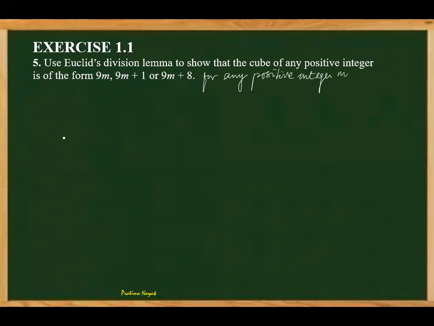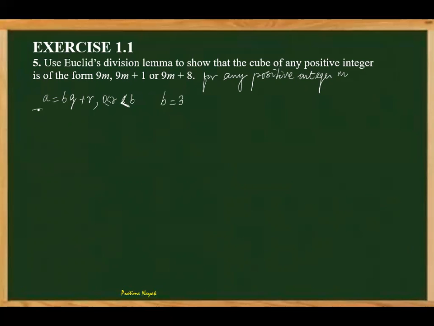So where to start? We'll start from the same concept. First you write a is equal to bq plus r, where r is between 0 and b, and here it is not equal to, only less than. So here I'm taking b as 3.